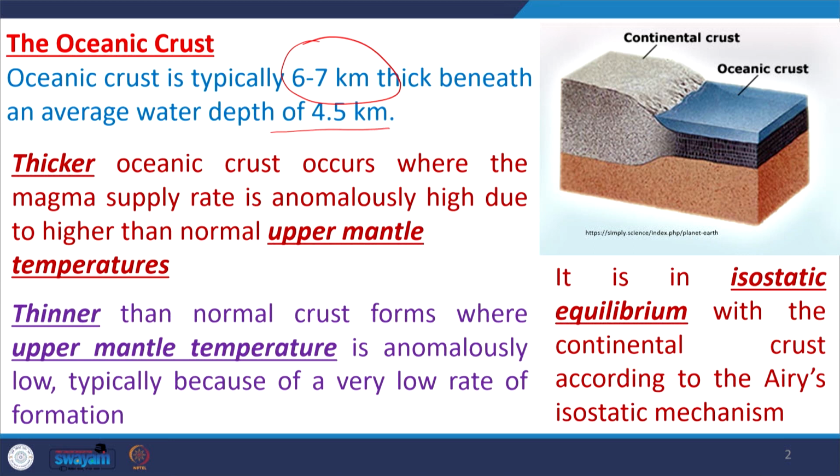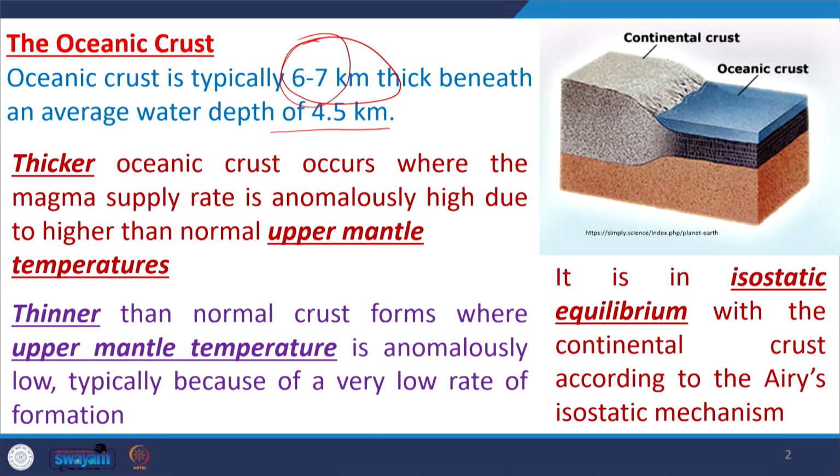This 6 to 7 kilometer is the average thickness I was talking about, but it varies from ocean to ocean, from tectonic setting to tectonic setting. For example, in the oceanic lithospheric system of the Pacific Ocean, the crustal thickness is somewhat different from the Atlantic Ocean.